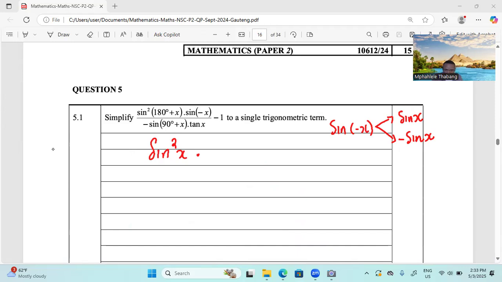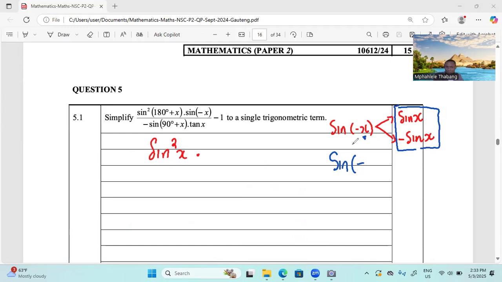It's very, very important to decide on the trig ratio. Maybe my trig ratio is positive, maybe it is negative, so I have to decide on the correct sign. What you can do is use your calculator. Where there is x, you put any number below 90.